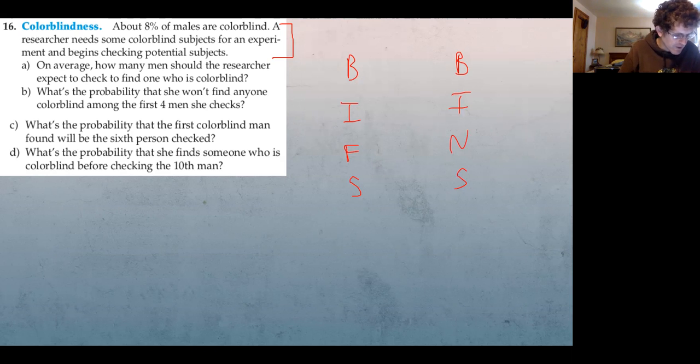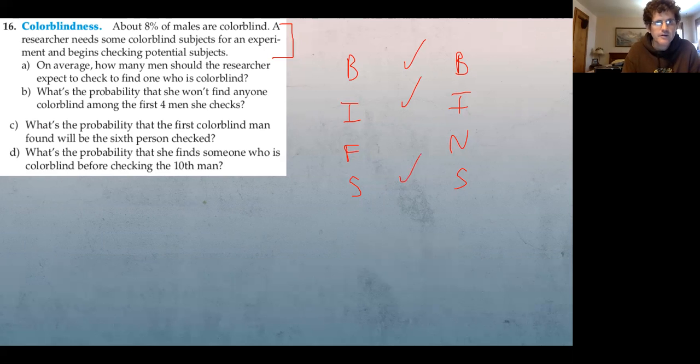A researcher needs some colorblind subjects for an experiment and begins checking potential subjects. Someone is colorblind or they're not, so we're good with binary. Independent: we have to assume each person does not have an impact on whether the next person is colorblind or not. Same probability: I would assume every male that comes through has an 8% chance. So it is Bernoulli trials.